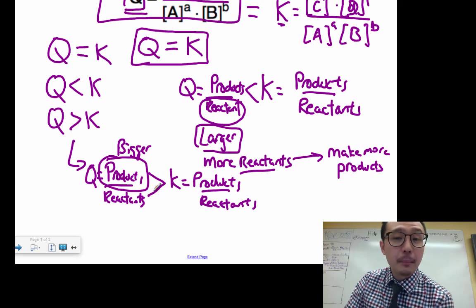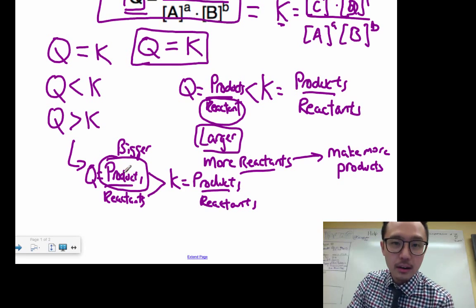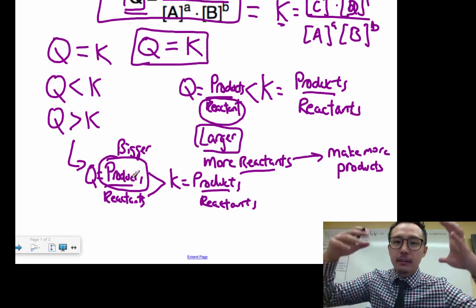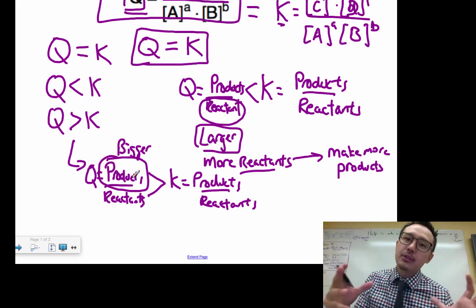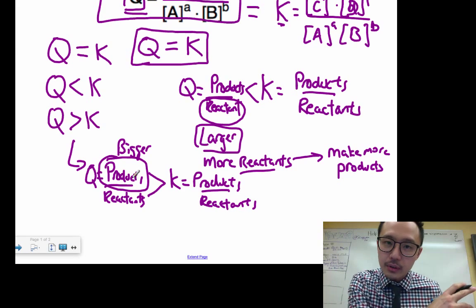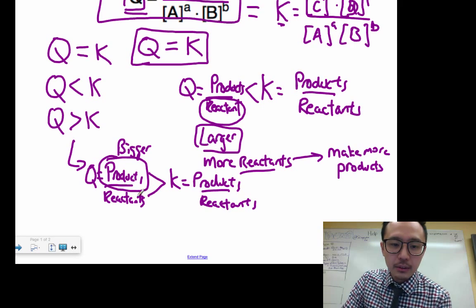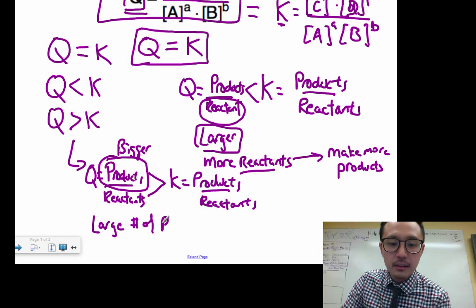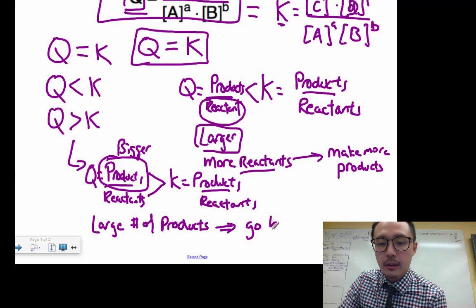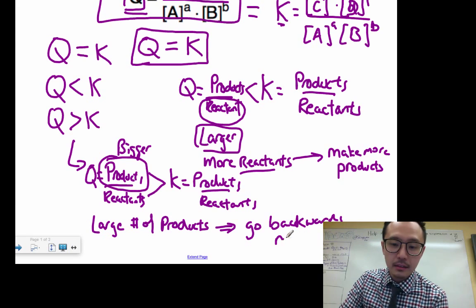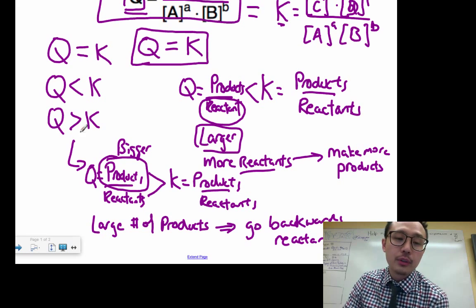And if you have larger amounts of products, that means the reaction has made a lot of products, and it needs to go into the reverse reaction to make more reactants. So you have a large number of products, so the reaction is going to go backwards to make more reactants. That's what it means when Q is greater than K.